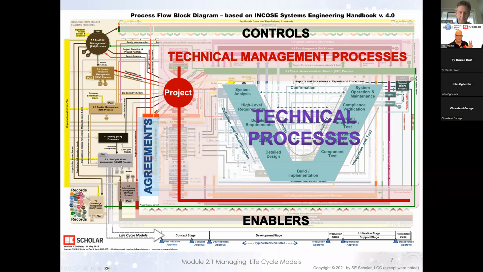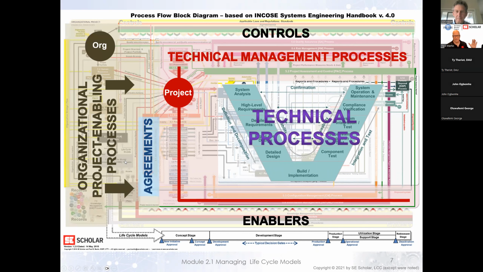Agreements, I put in the center between the project and the organization. The organization provides project enabling processes. So the way I teach the handbook is I start with the organization, which is what you saw in your lectures. Starting here, notice I put org up here, portfolio management, and then I get into agreements and then the project itself.